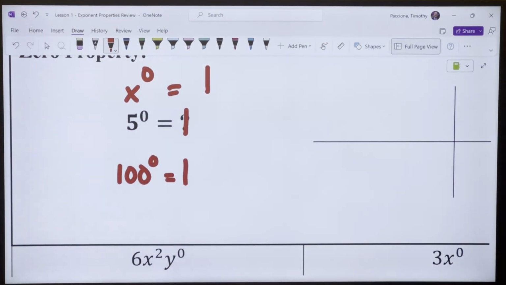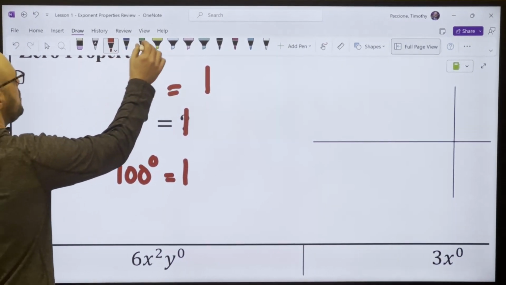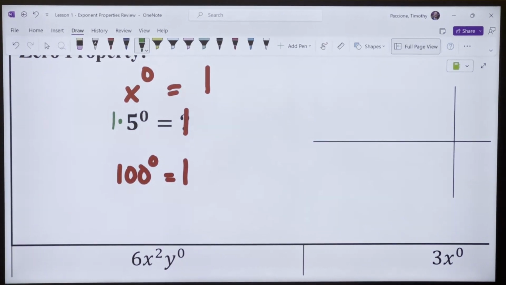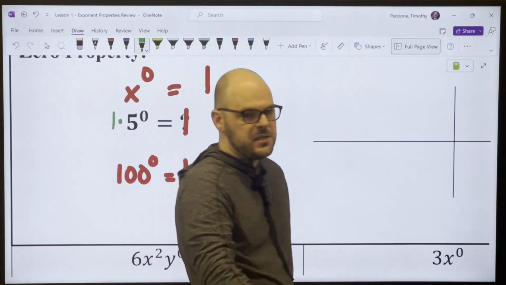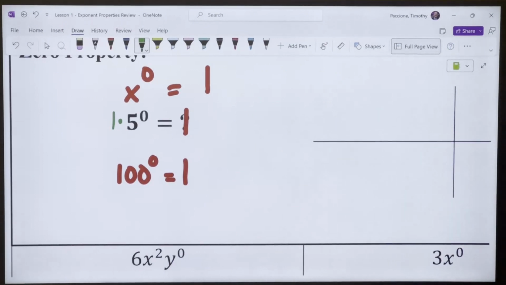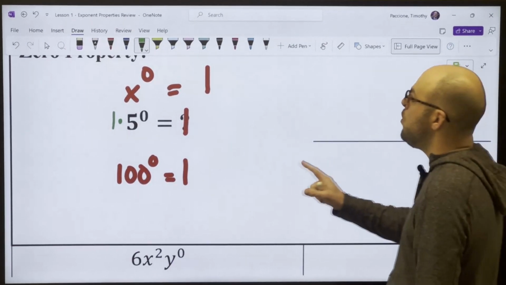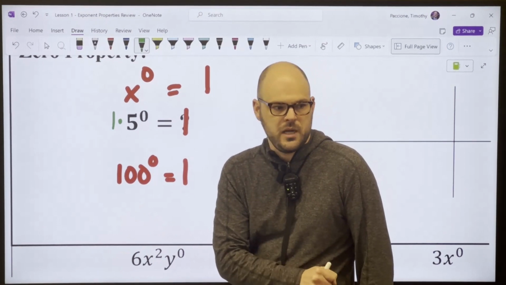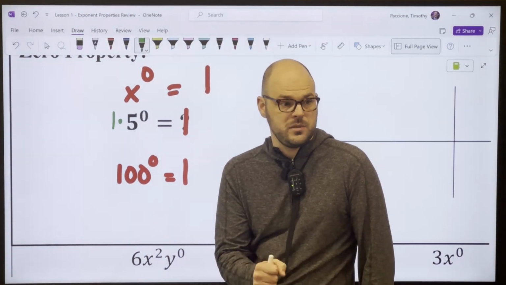This is why I changed the definition. Think about it this way. If there's a 1 out here, and we said it's 1 times the base, the number of times of the exponent, right? So this is 1 times 5. How many times? 0 times. So no times, right?